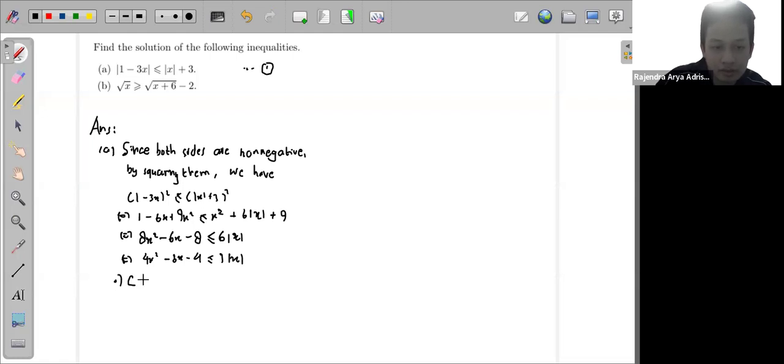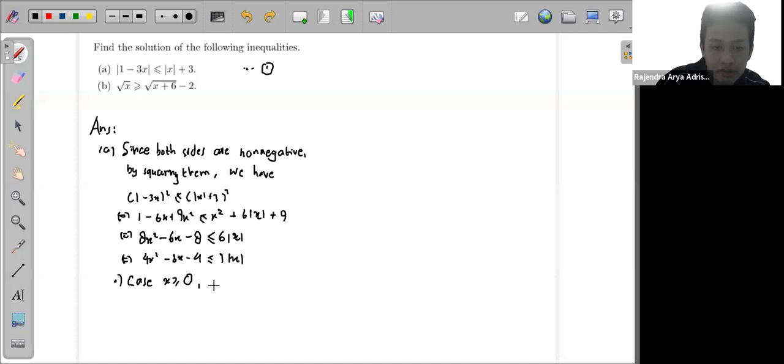First case, when the x is non-negative, or we write it as x greater than or equal to 0, then absolute value of x here becomes just x, right? A positive x.